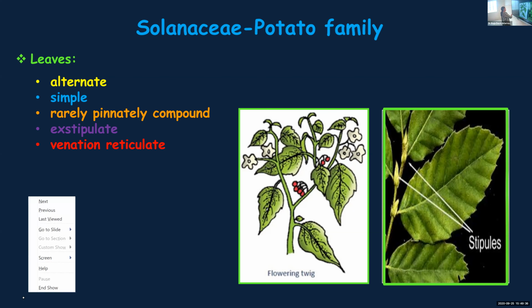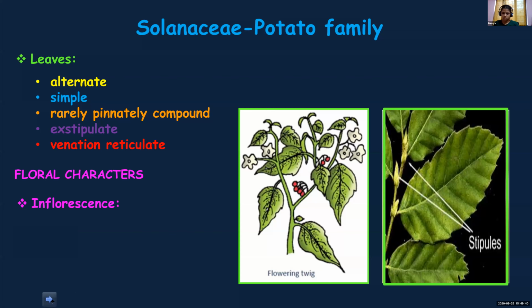Then floral characters. Coming to inflorescence: solitary, single. Then it can be axillary or cymose inflorescence. Already we learned about cymose and racemose inflorescence. Axillary: axil means the angle between the branch and the stem.